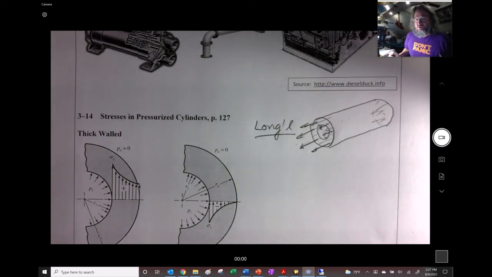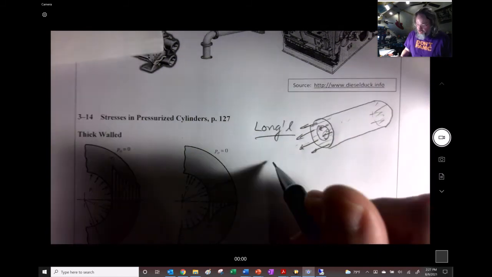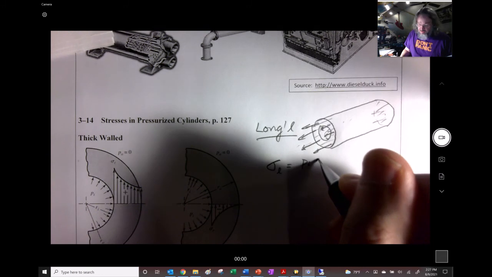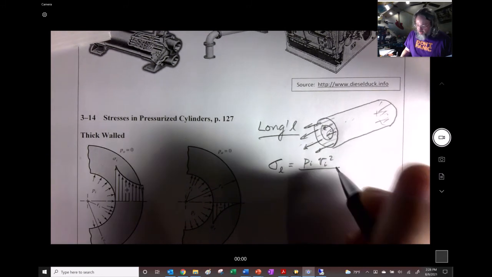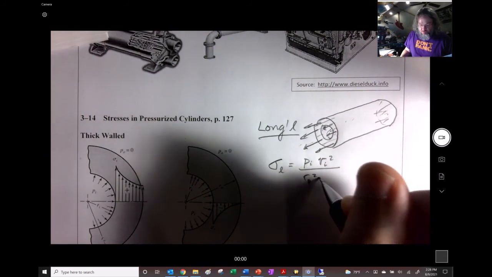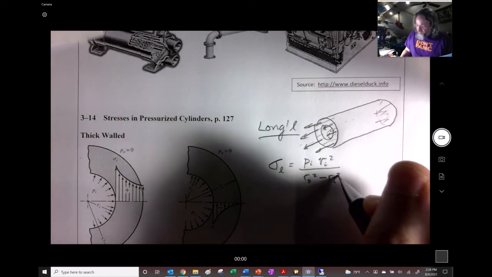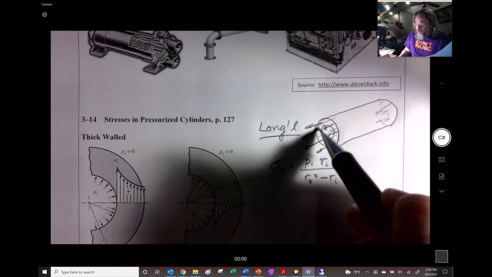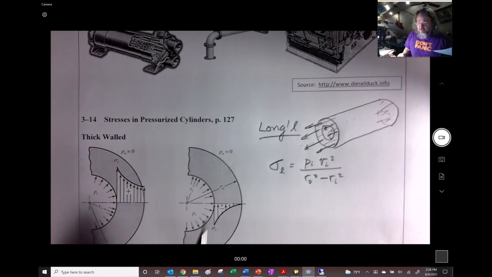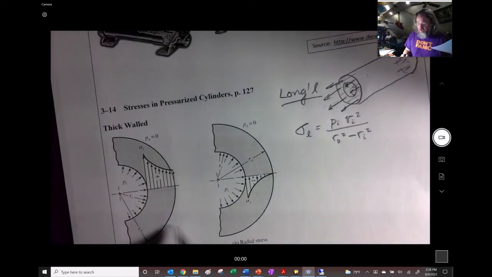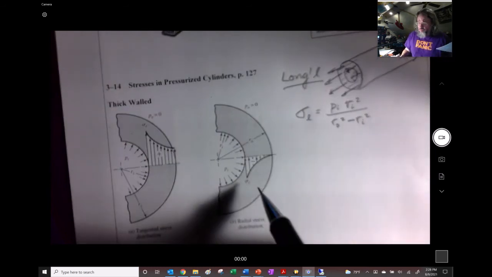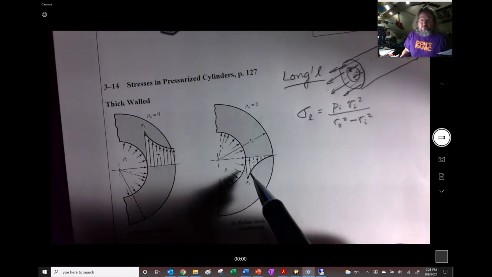That's the longitudinal stress. And that longitudinal stress, I'll write it down here, is going to be internal pressure times the inside radius squared, divided by the outside radius squared minus the inside radius squared. And notice there's no R without a subscript. That's because it's uniform all the way across there. It doesn't vary with R.